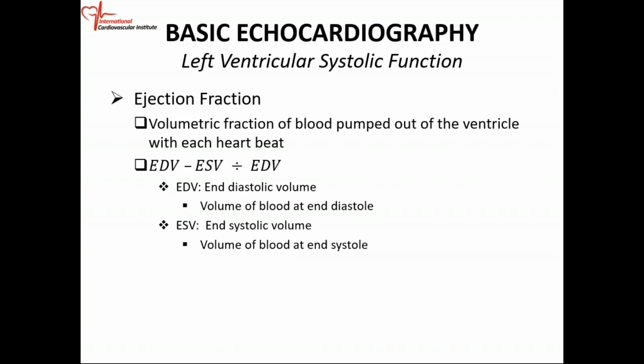The normal ejection fraction is 0.55 to about 0.7. But we usually represent it as a percentage. So when we talk about ejection fraction, you'll see 55, 60, 70%. But in strict terms, it's a fraction.